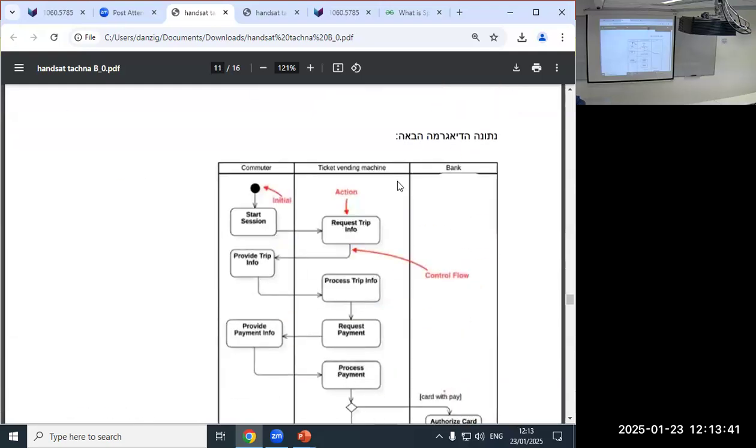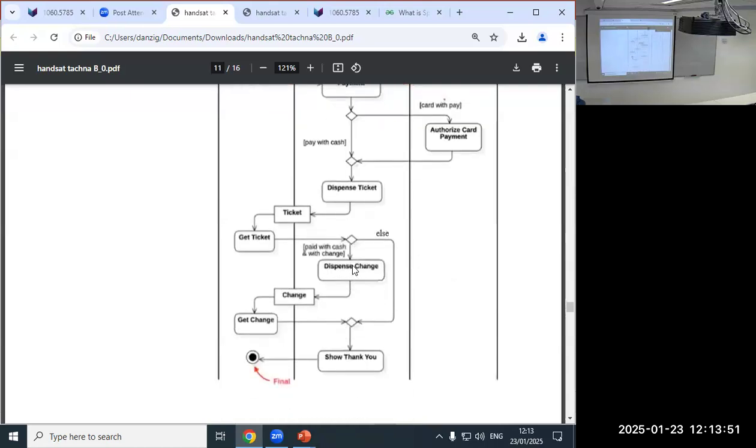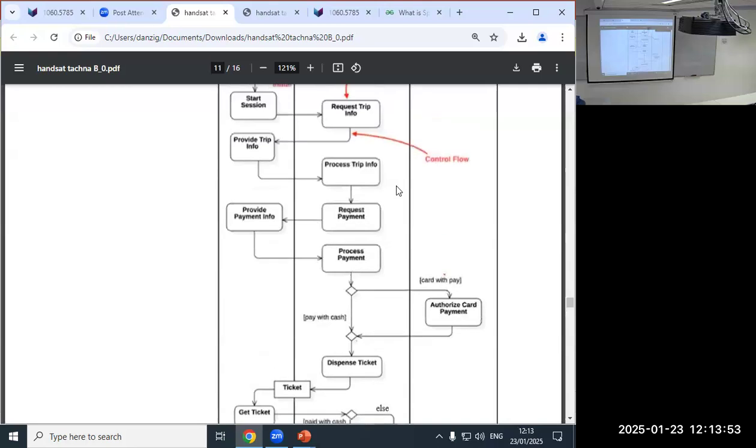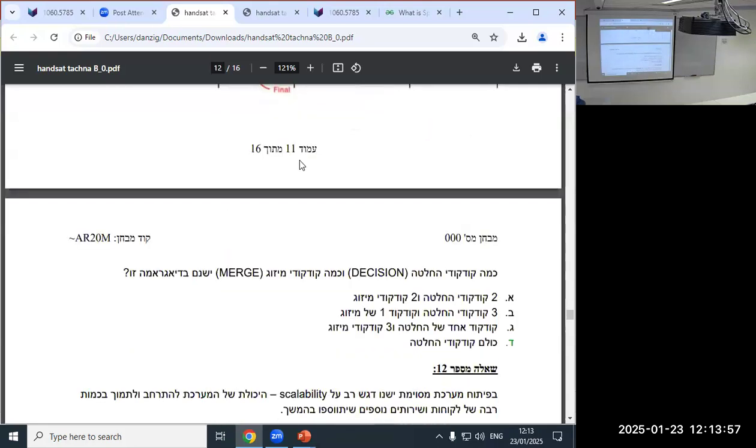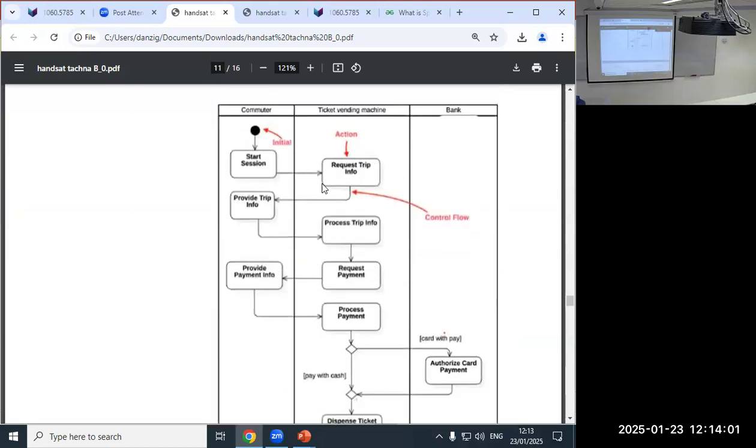Here's another diagram. Here are swim lanes with an activity diagram. Process payments, okay, nice, all this stuff. Final, control flow. I don't know why we have these red markers. Probably you found this on the internet and it had these things on it. Okay.